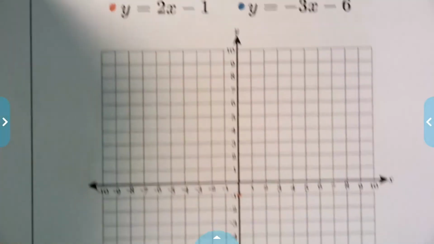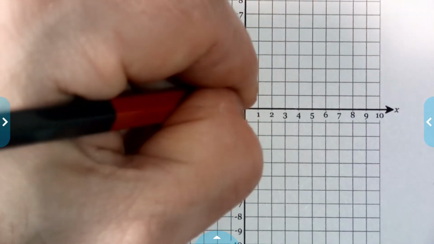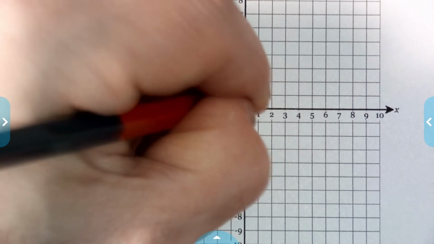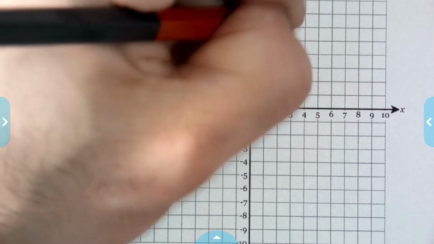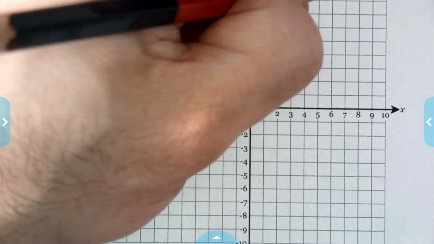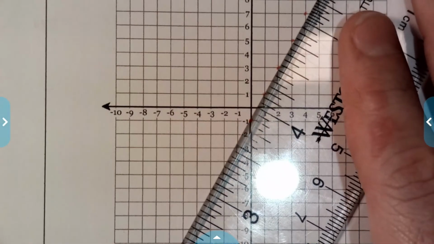And then my slope is 2. So up 2 over 1, up 2 over 1, and so on. Okay. And so I'm going to plot in that line now.